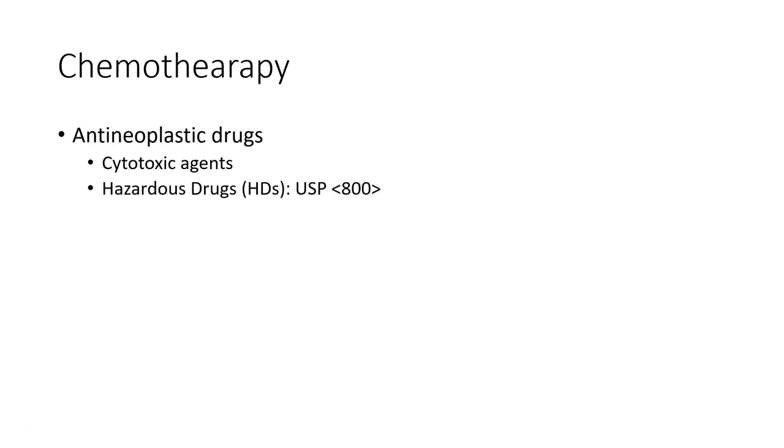Now, all chemotherapy drugs are considered to be hazardous drugs, which are usually abbreviated HD. I'm noting here about USP 800, which stands for United States Pharmacopeia Chapter 800. These are guidelines for handling all hazardous drugs. Now, all chemotherapy drugs are hazardous drugs, but there are more things in the hazardous drug categories other than chemotherapy.